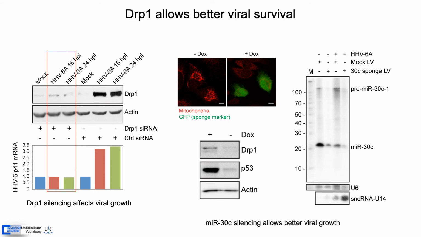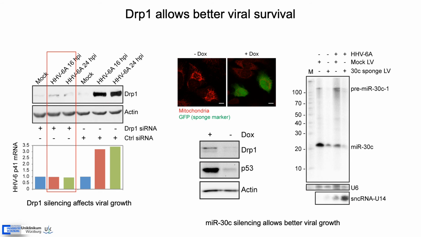Northern blotting results showed that these sponges decreased miR-30c levels in the cells. You can compare this between the second and the third lane. This miR-30c decrease was not transcriptional.